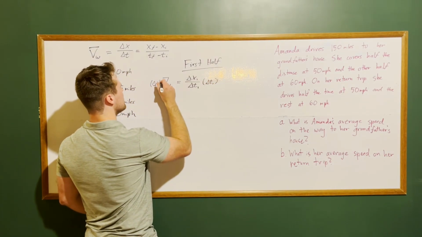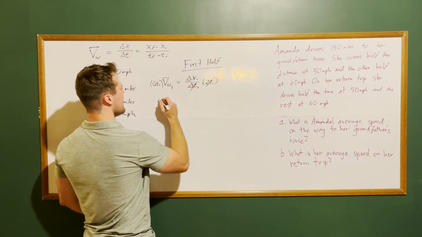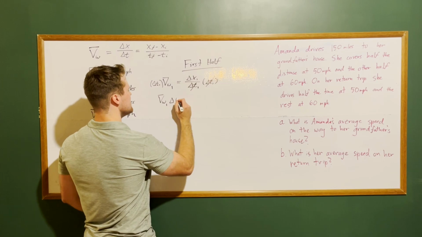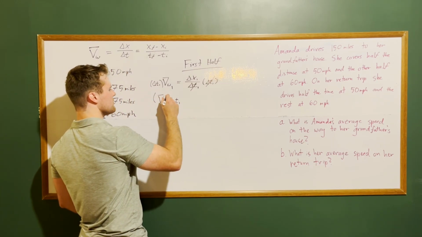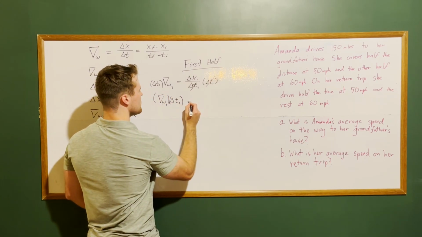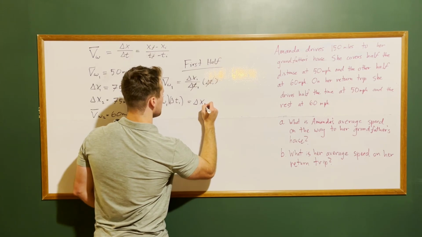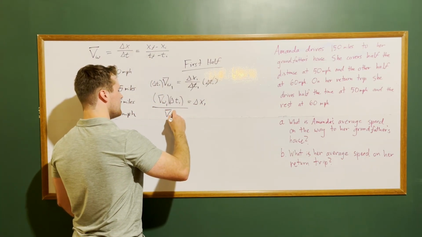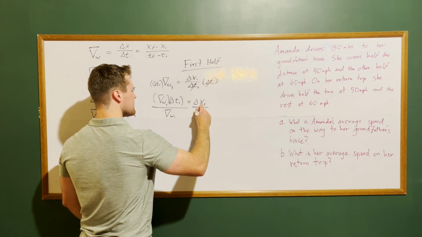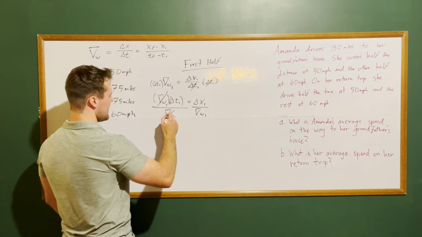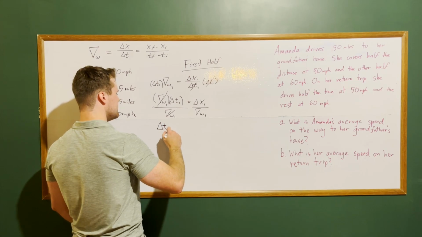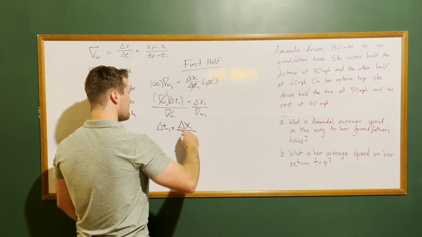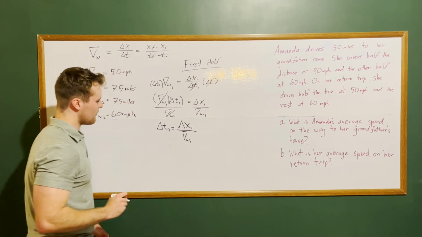Of course, these cancel, and we get V bar 1 times delta T1 equals delta X sub 1. Now we're going to do the same thing, divide both sides by V bar on the way. Of course, these cancel. Delta T sub 1 equals delta X sub 1 over V bar.